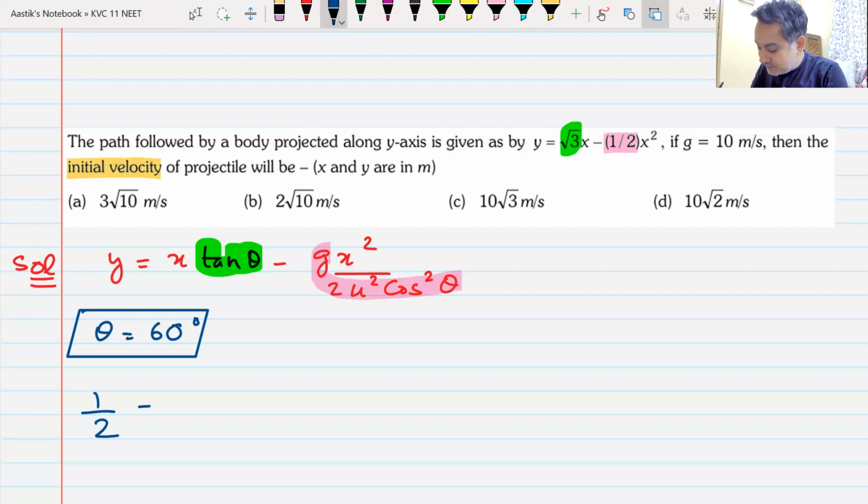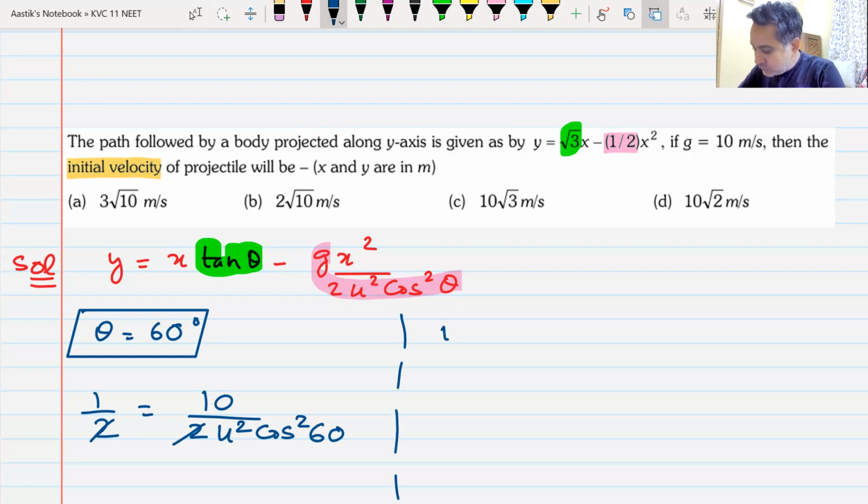My half is equal to g by 2 u squared cos squared theta. G is 10, theta is 60, so I write 60 here. 2 and 2 will get cancelled. So u squared cos of 60 is 1 by how much? 1 by 2, right?